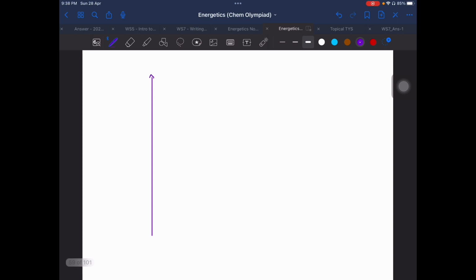So first and foremost, enthalpy change of formation would mean the amount of energy I need for the formation of 1 mole of that chemical, right? So in this case, this would be the enthalpy change of formation for Na2O, right?